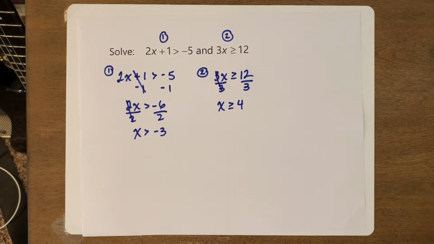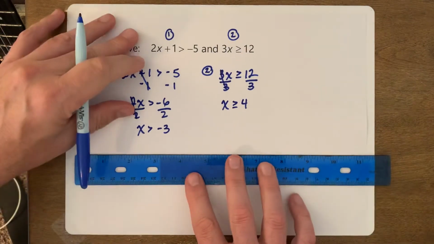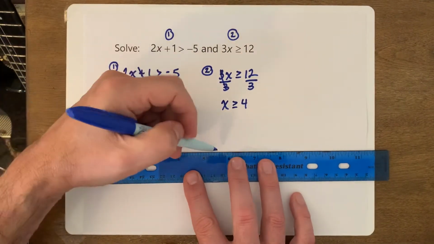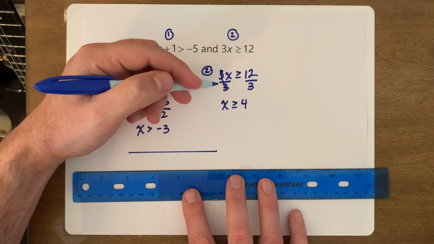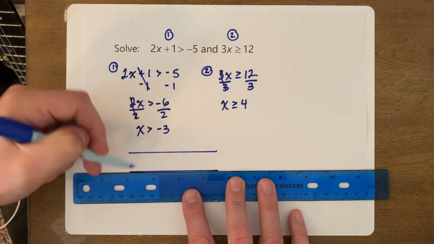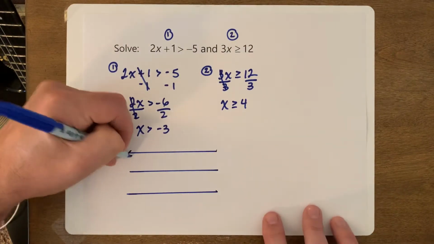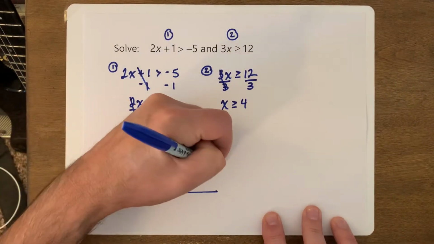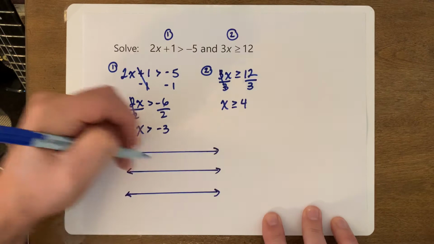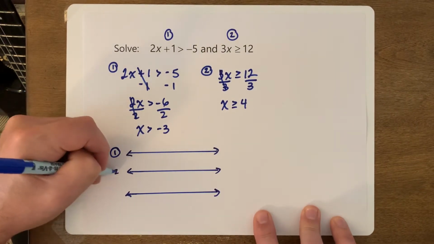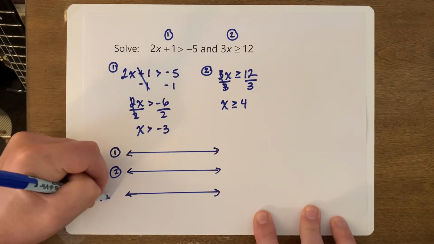So here, we're gonna have 3 number lines again, and I might as well just put them down here. That's fine. 1, 2, and 3 for our final. Okay, so we got number 1, number 2, and then final.